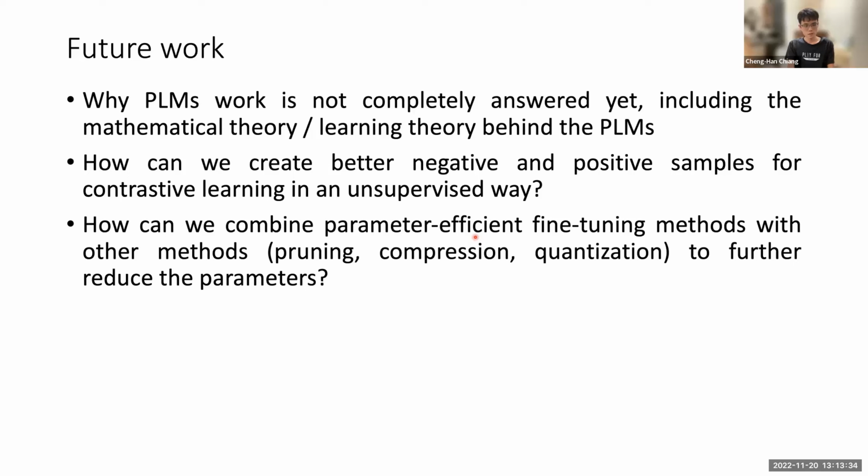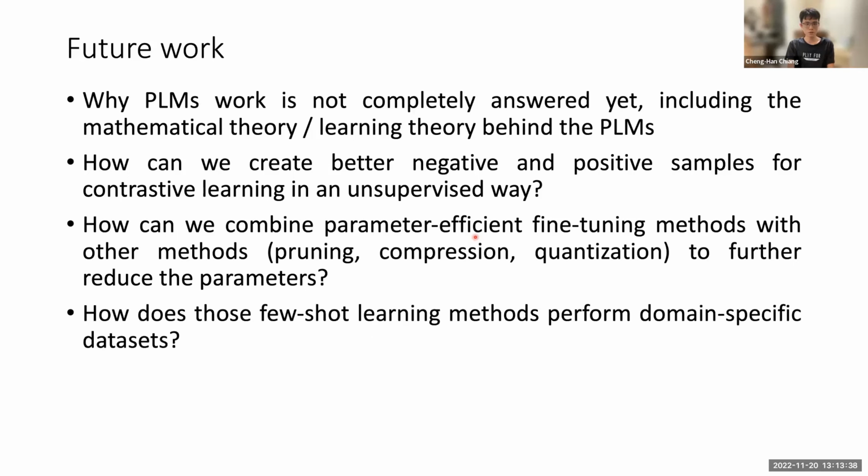And there are a lot of practical future works, including how these few-shot learning methods perform on domain-specific data sets, because these few-shot learning methods are mostly evaluated on widely used natural language processing benchmarks.